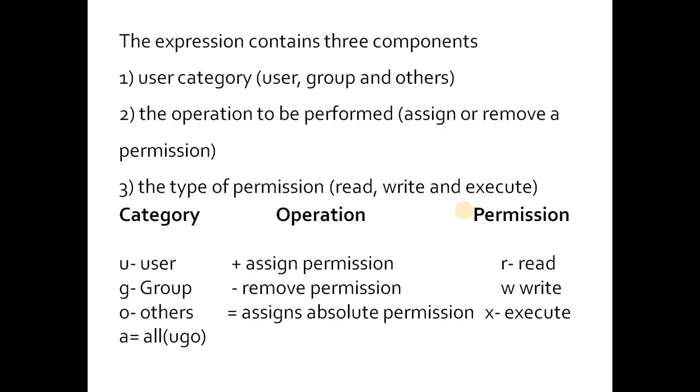we have already discussed. Now when using this particular command, we have to use some abbreviations, that is some short forms. So for category we have the short forms U for user, G for group, O for others, and if we want to change it for all these three categories, we are going to use A or we can use UGO.